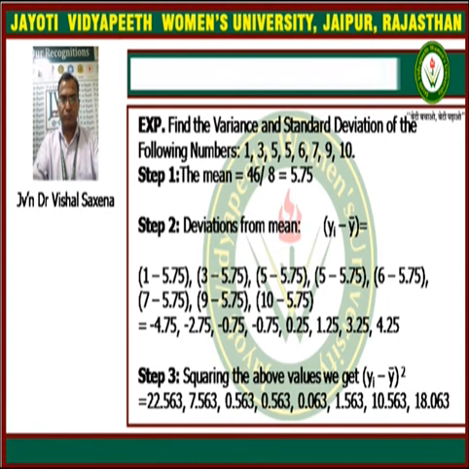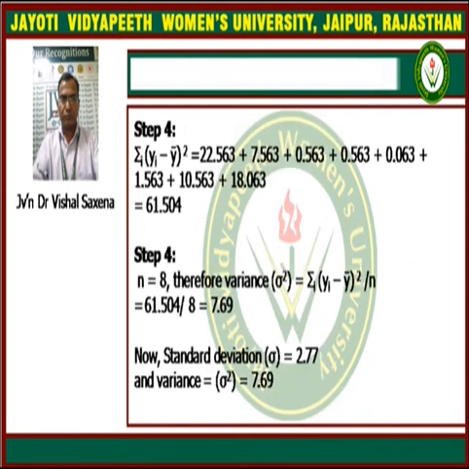After finding the deviations we take the square of the deviations, shown there like 22.563, 7.563 and 0.563 and so on. Now we take the summation of yi minus y bar whole square, which is coming 61.504, that is the summation of square of deviations, and n is equal to 8.